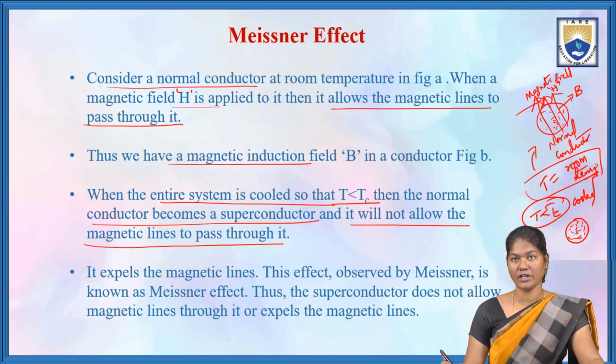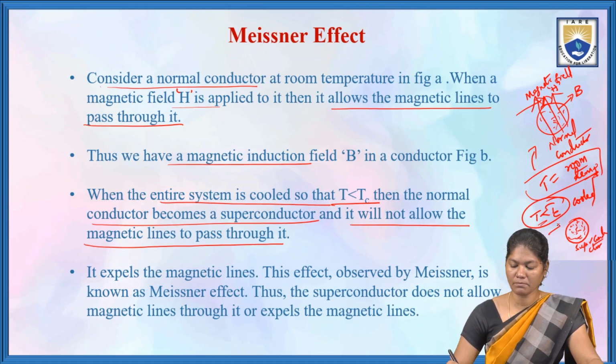But when this normal conductor is cooled below the critical temperature, that is, T is less than Tc, this normal conductor becomes a superconductor.